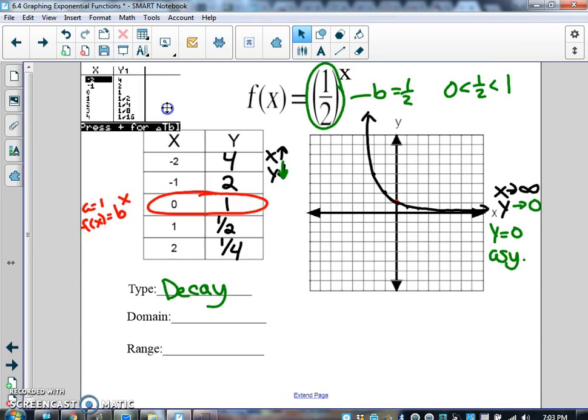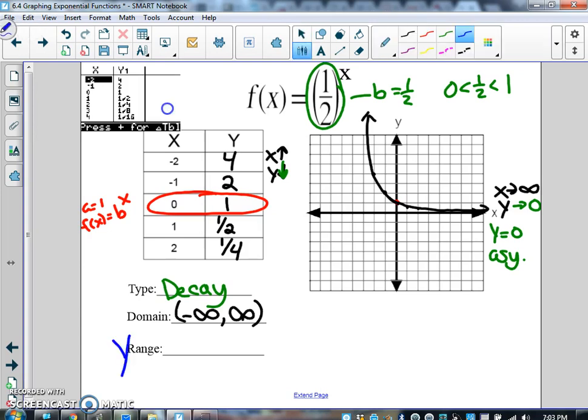My domain, again, and we'll notice this for all exponentials, is negative infinity to positive infinity. For my range, again, my range is my min to max y value. When I look at it, I have my asymptote at y equals 0. I will get close to 0 but never reach it.